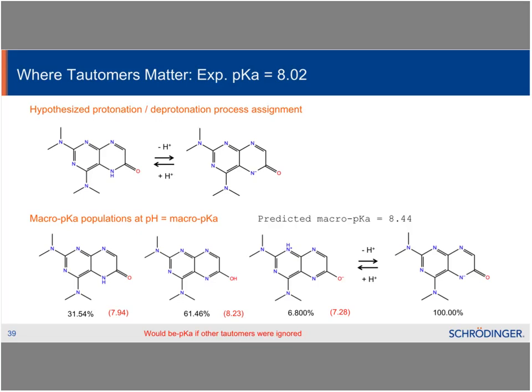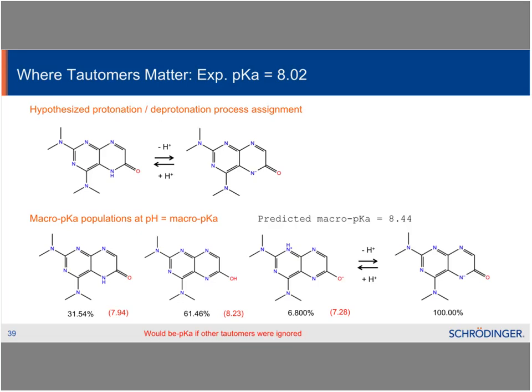And if we took that pKa, it would still be very close to the experiment, 8.02. So here we would be just lucky. But it turns out the right pKa prediction is actually 8.44, even though it's slightly worse, slightly farther away from the experiment.